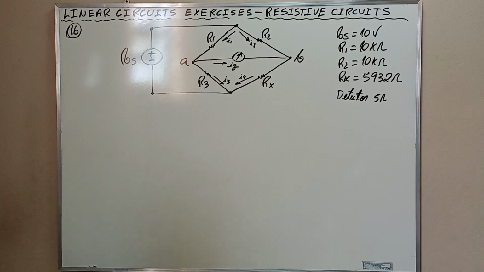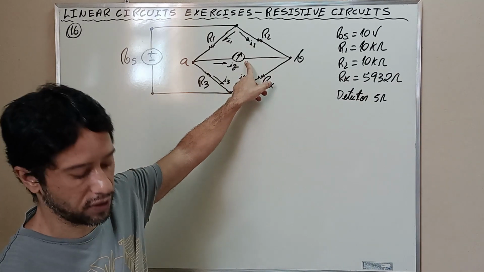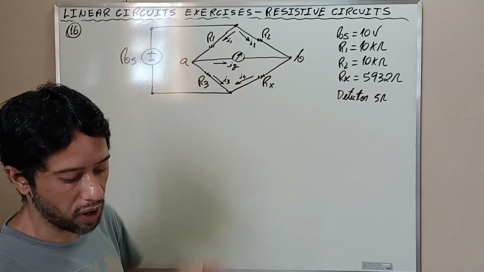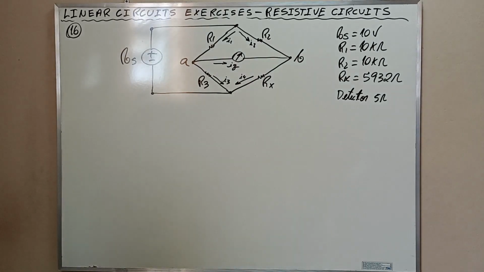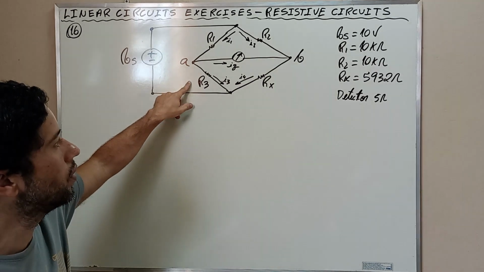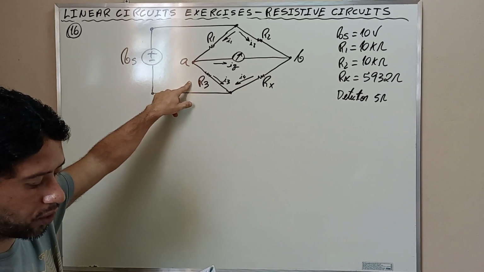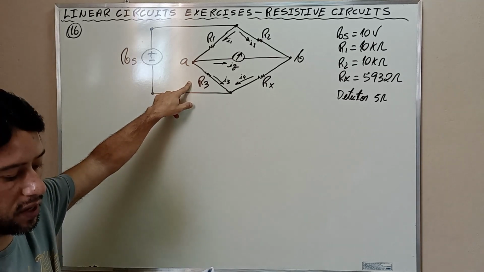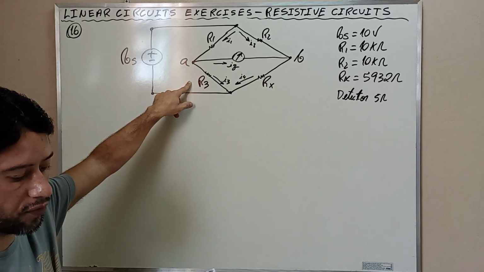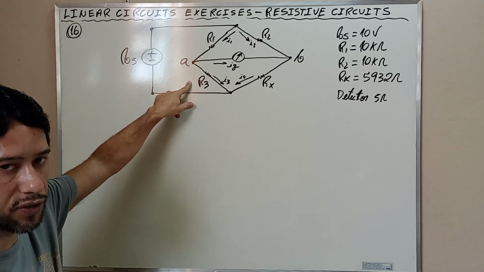And if the detector, this is the detector, if the detector can be modeled as a 5 ohms resistor, letter A, what is the value of R3 required to balance the bridge? Okay, one more time. In letter A, what is the value of R3 required to balance the bridge?